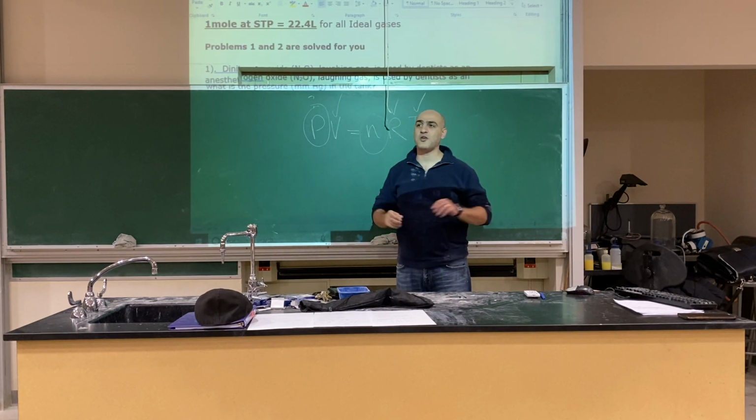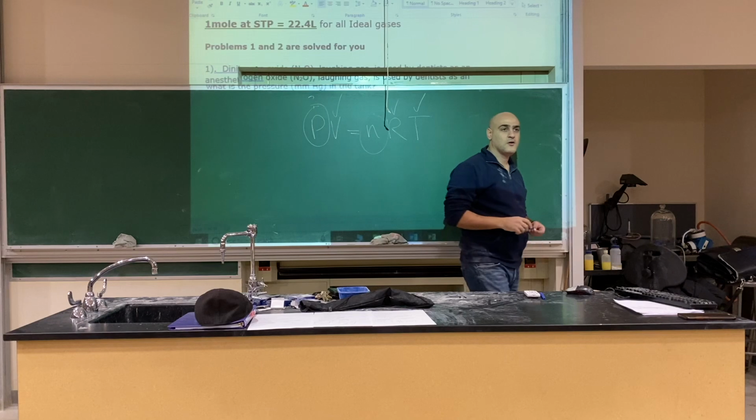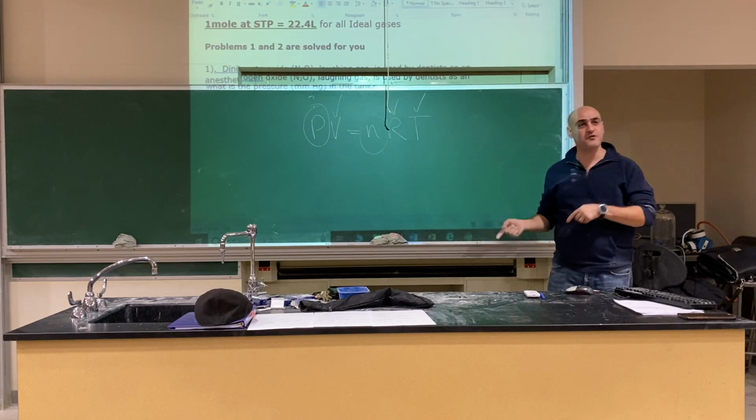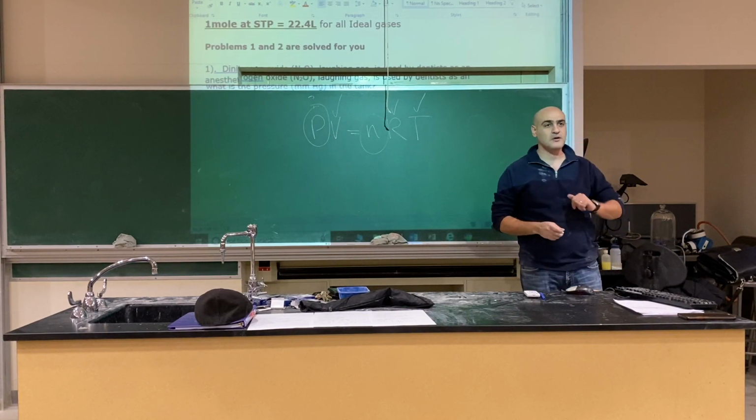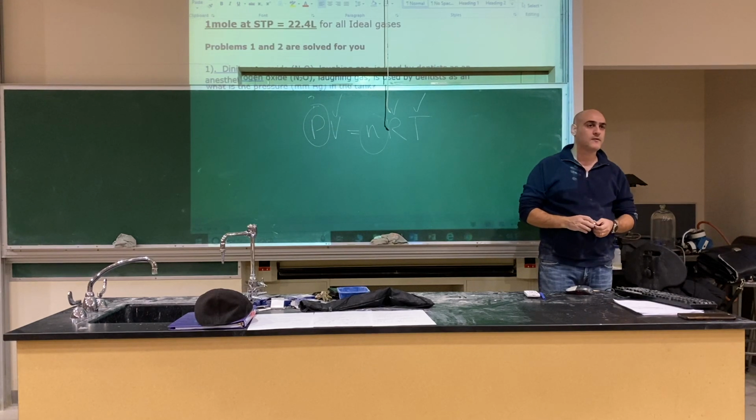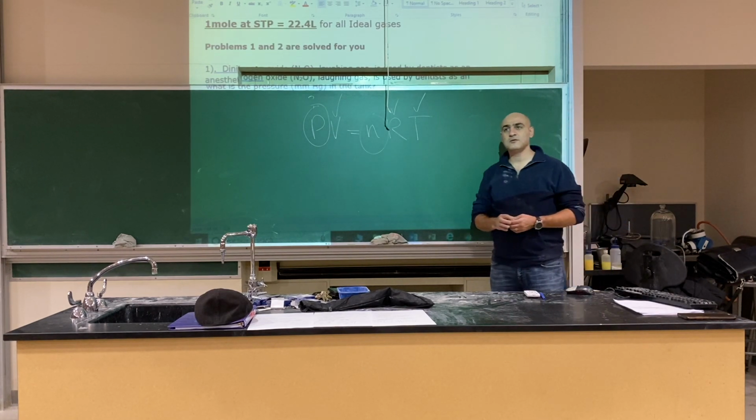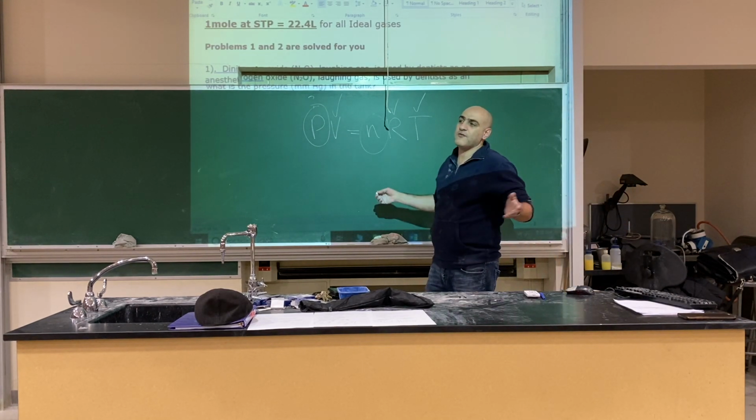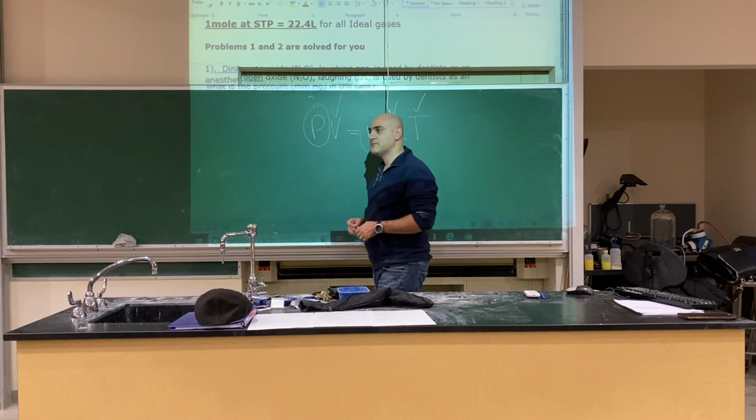When it comes to stoichiometry, it's about the moles. So the only difference between this variation and the earlier case is the fact that I didn't give you the moles directly, I gave you the mass.